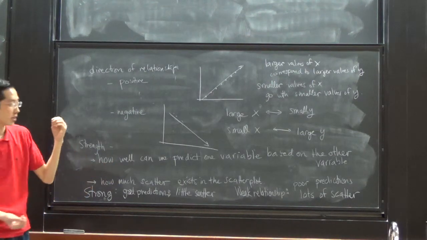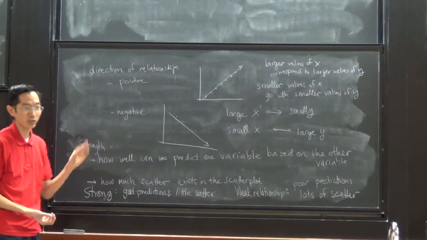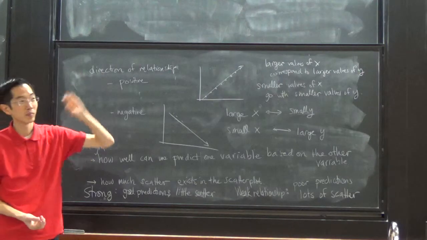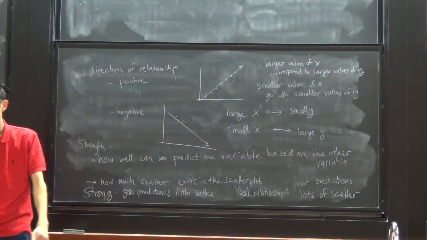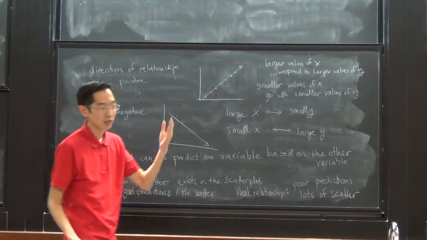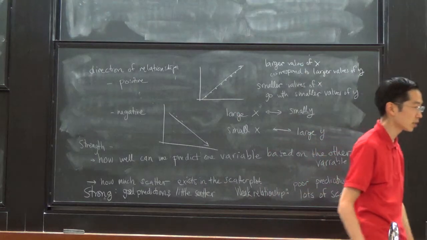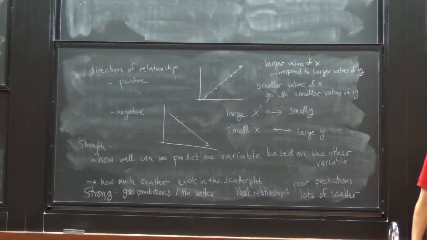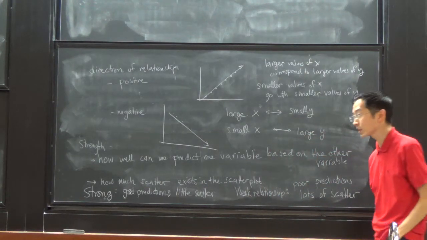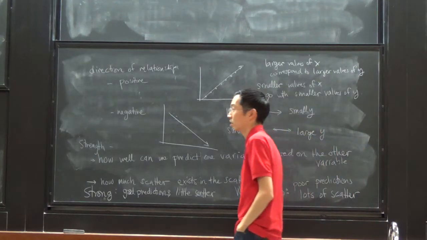Okay? And if we looked at the scatter plot, there would be no scatter because everybody would be lined up along the line. Okay, because we know your height in inches, we can get your height in centimeters very, very well.